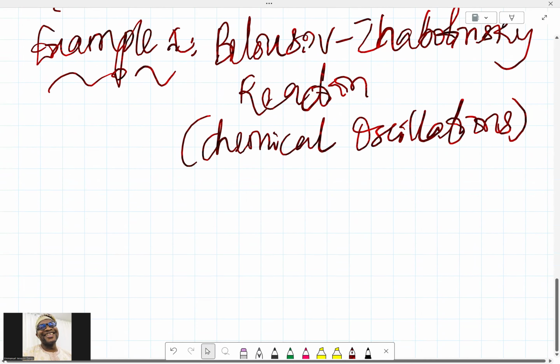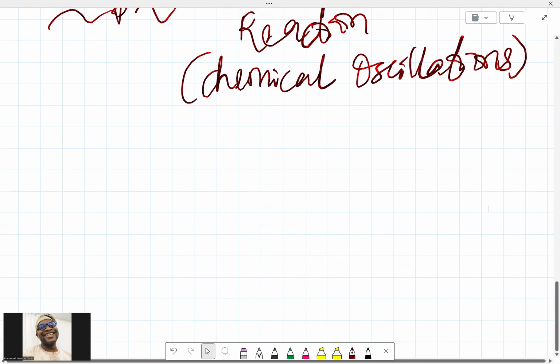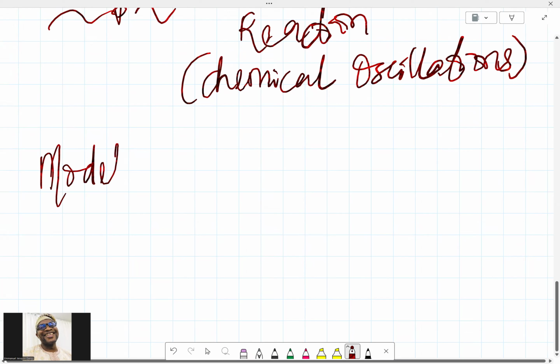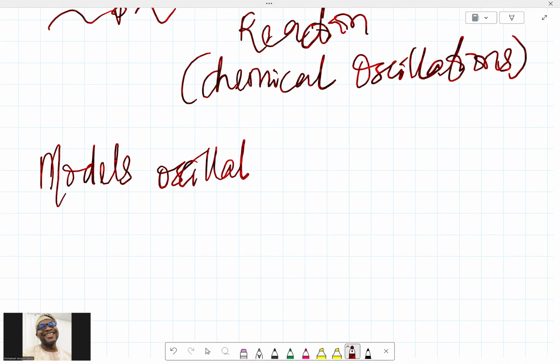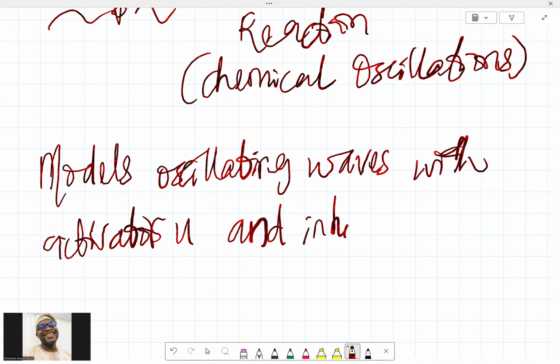So that's what the Belousov-Zhabotinsky reaction is about. It models oscillating waves with an activator U and an inhibitor V.